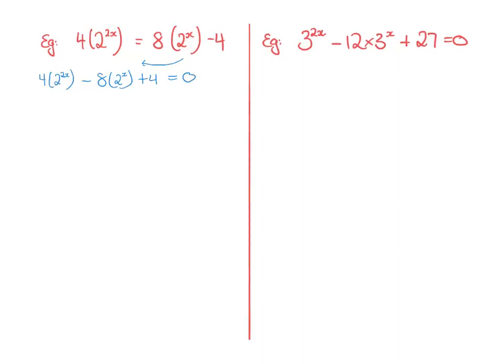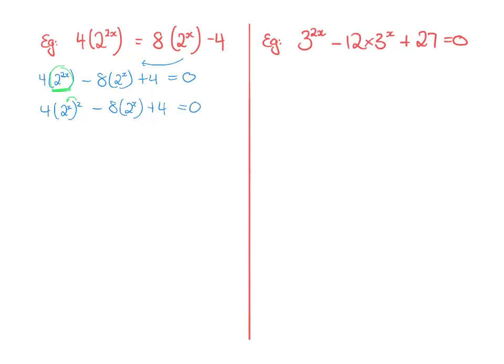Now, if you have a look at this first term here, another way of writing that would be 2 to the power of x, all squared, because if you multiplied this out, you'd go back to this. So that works. So if I do that, I then keep writing out the rest of the equation here.